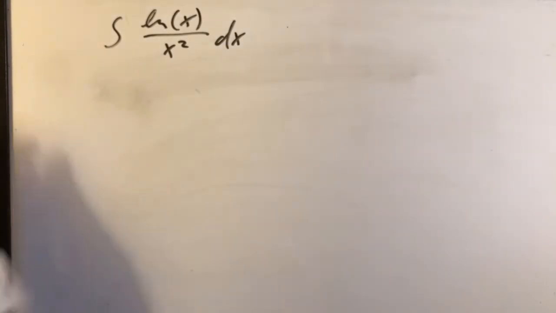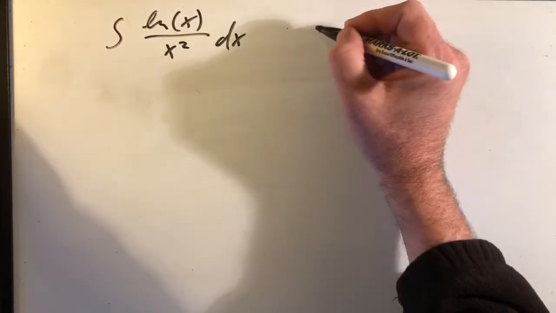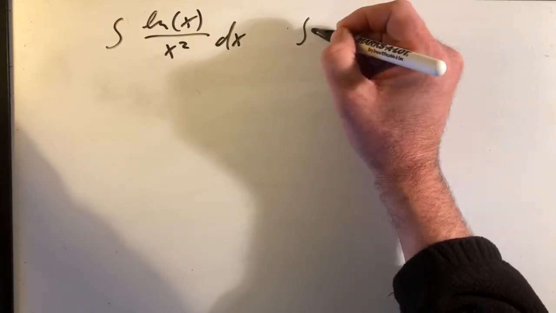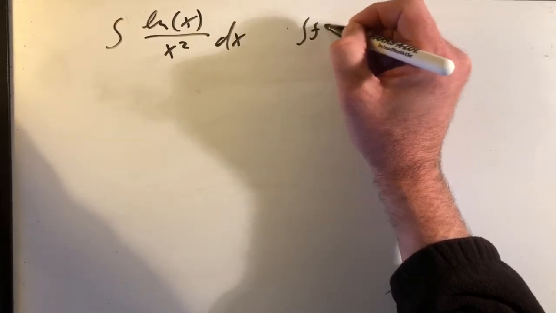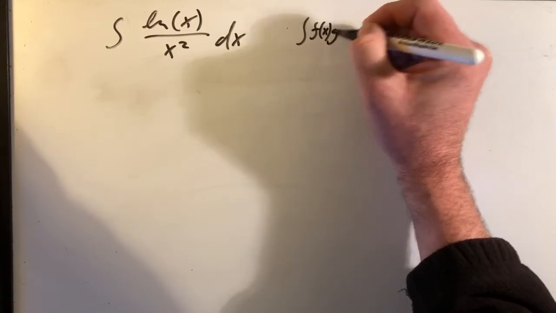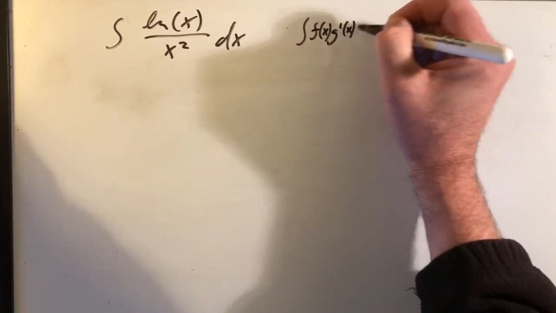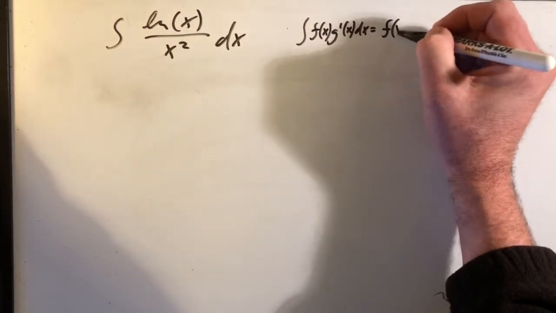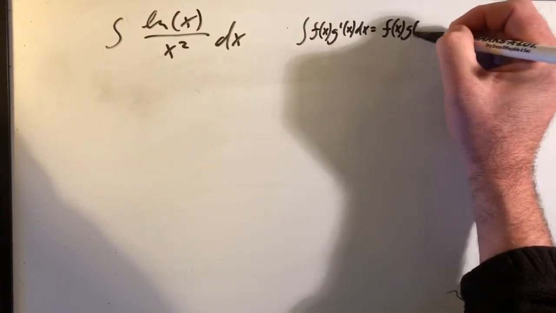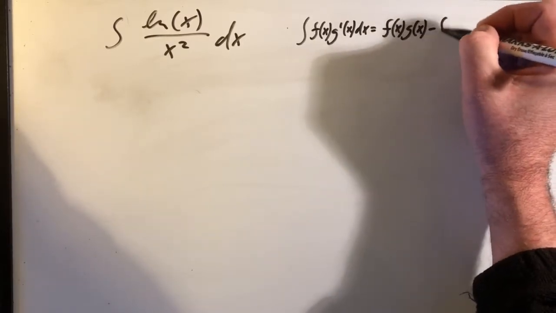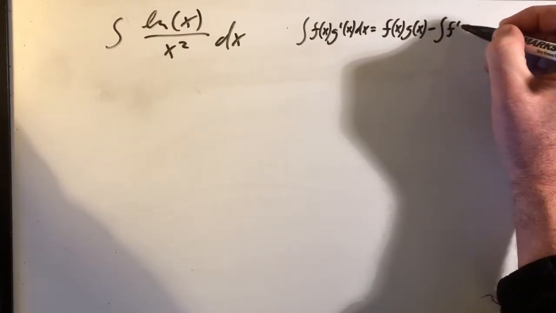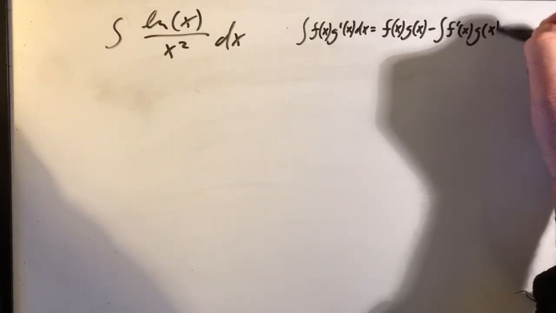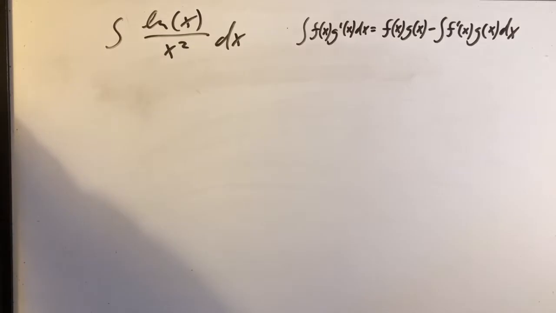So this is an integration by parts problem, so you have to remember the original formula: the integral of f of x times g prime of x dx equals f of x times g of x minus the integral of f prime of x times g of x dx.